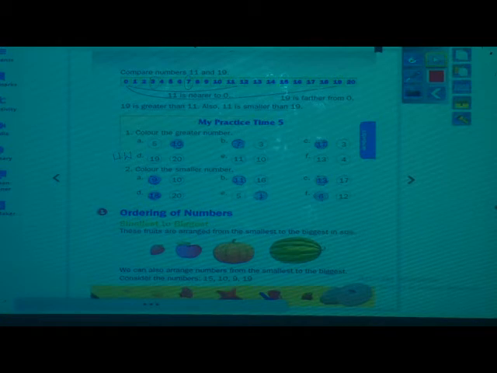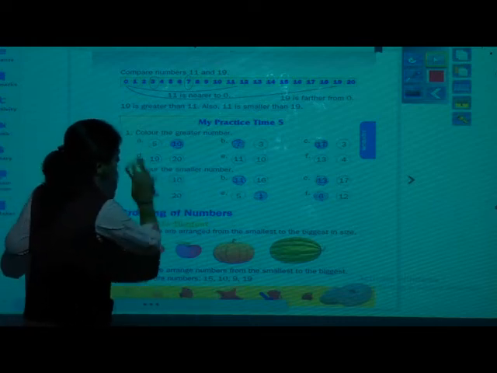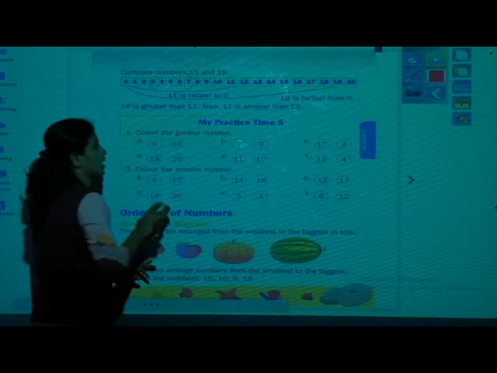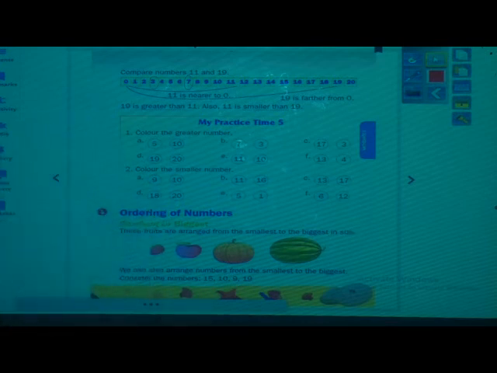Okay. So students, did you understand how to compare numbers? What are the points to remember when comparing numbers? Check both numbers carefully, then see whether each is near to 0 or far from 0. If they have asked to color the smaller number, then whichever number is near to 0, that you color.